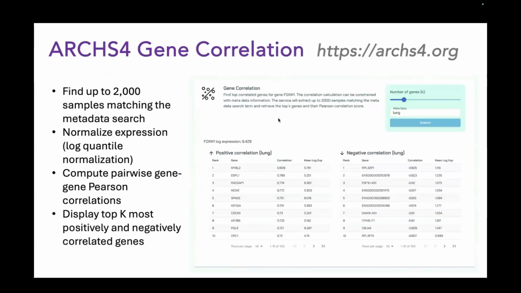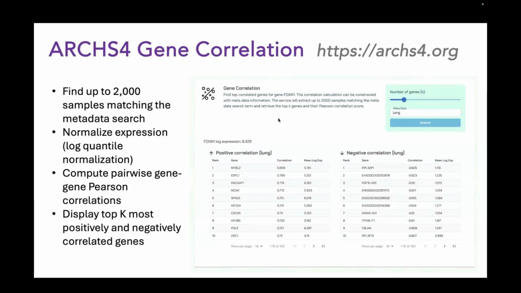Another nice feature of the gene pages, which we got requests for a lot, is the ability to identify genes that are positively and negatively correlated to the gene. We had this in the old website, where it would just show you a list of the most positively correlated genes, but it was pre-computed on all of the ARCHS4 samples.